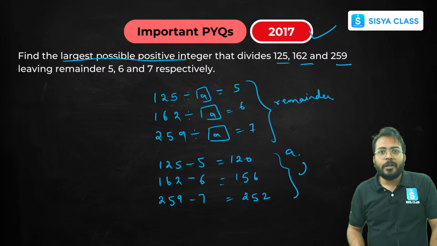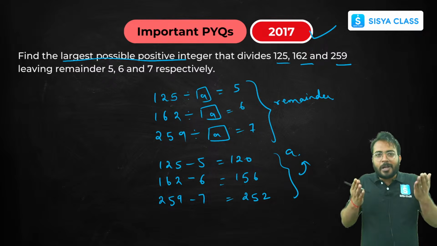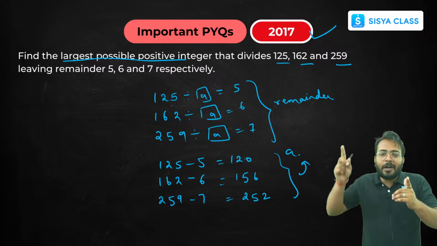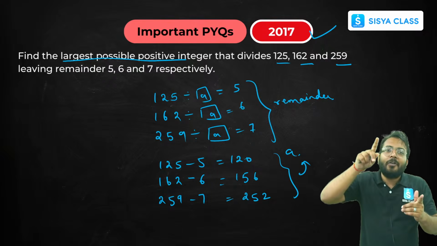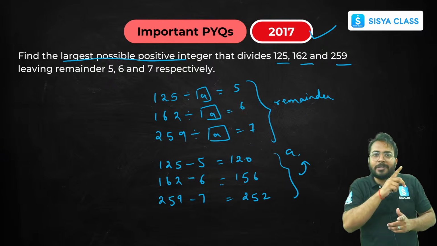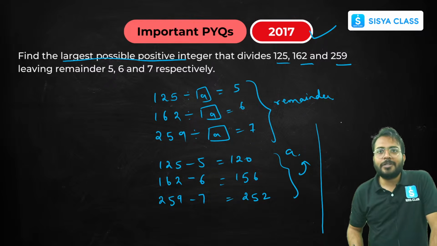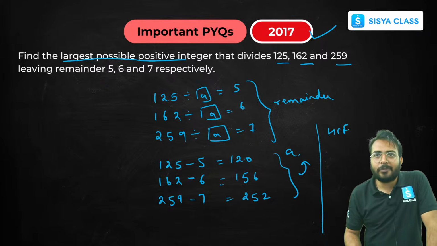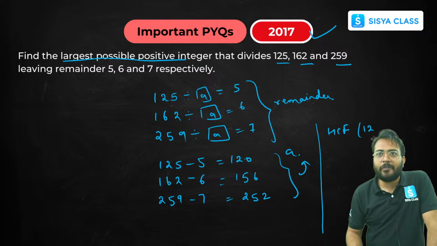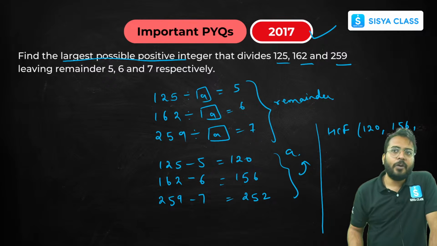Yes or no? Then what can you say about A? What can you say about A? That means A is nothing but the highest common factor of 120, 156 and 252. Okay. So here, beta, you just need to find out the HCF of 120, 156 and 252.